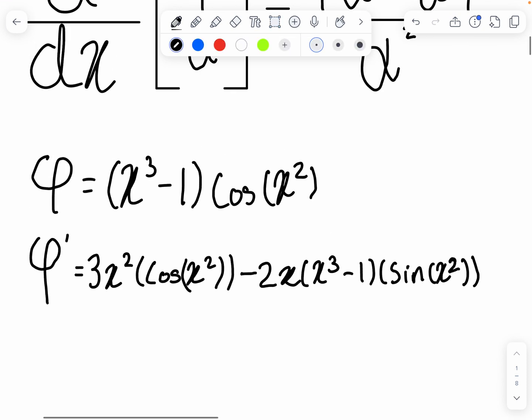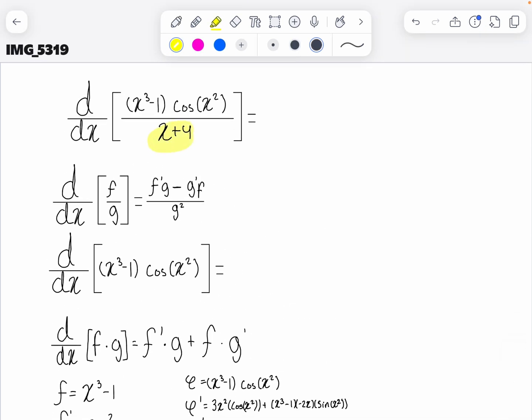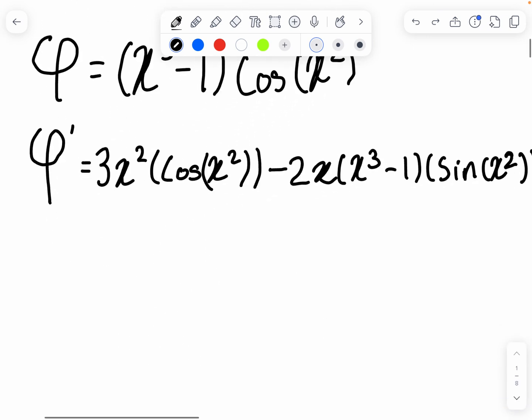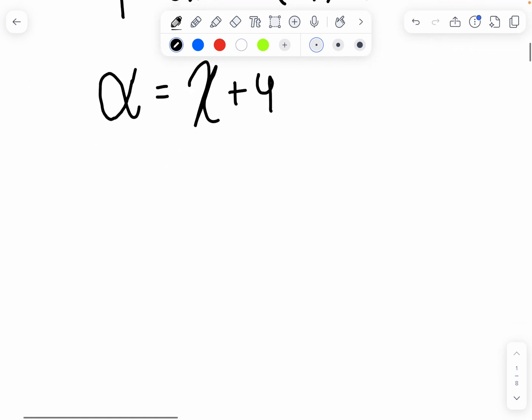And now we do alpha. And alpha, if you remember from before, that was the denominator. So we're lucky and we only have x plus 4. So alpha is x plus 4 and alpha prime is 1.